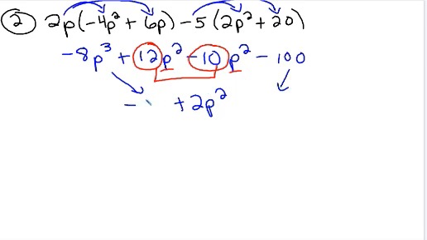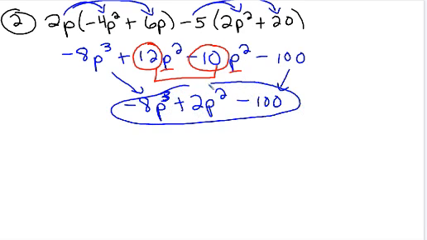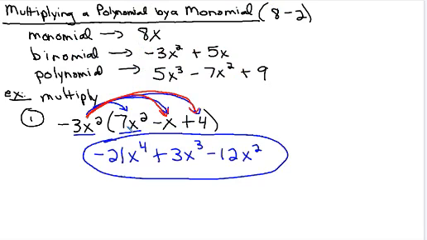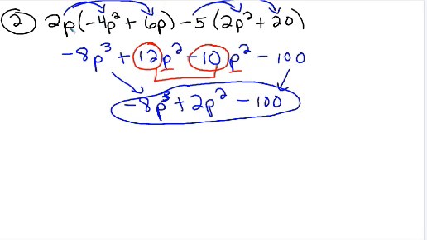So I'm going to have a negative 8p to the third, plus 2p squared minus 100. So you're going to have several problems tonight of each type. Some where you're just distributing a single monomial to a polynomial and you get an answer, and then several where you've got to distribute and then combine like terms.